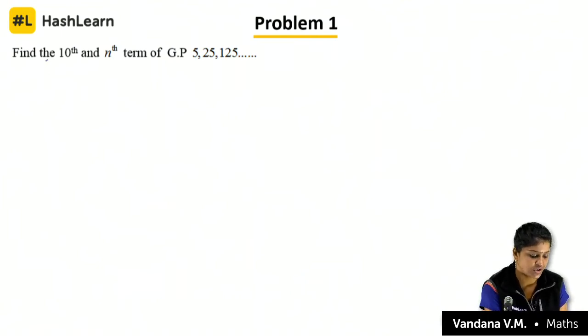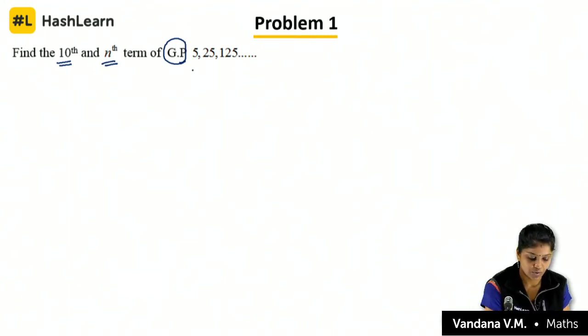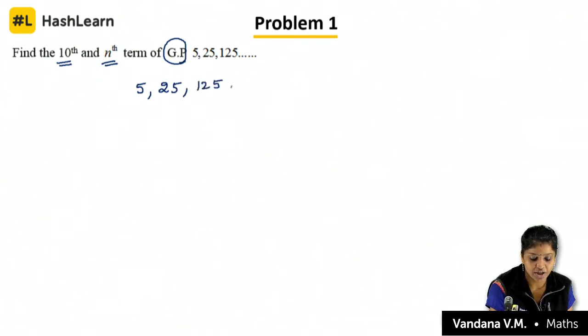Very interesting question. Find the 10th term and the nth term of the GP. They only told us it is in geometric progression. So, for geometric progression, you write down the given terms. The common ratio should be the same. How to find the common ratio?